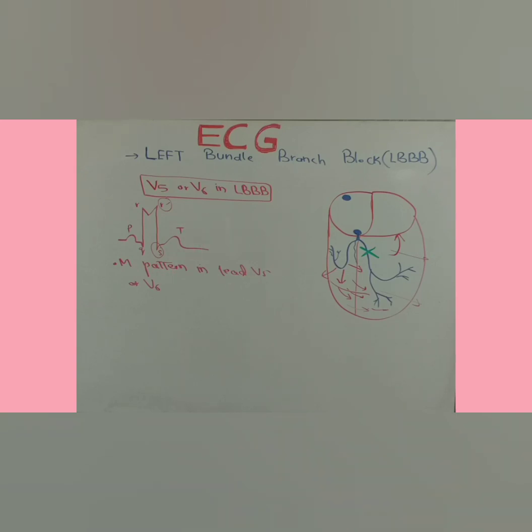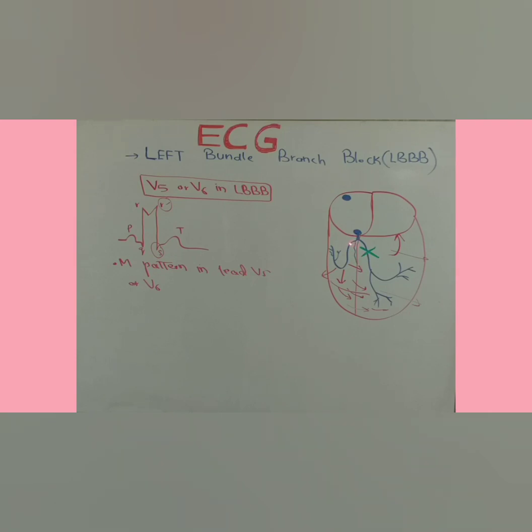So let me explain once more. The wave of impulse transmits normally through both right and left branches, but here there is a block in the left branch, so no wave will go there. It will first enter into the septal branch and depolarize the septum, and V5 and V6 look at the septal depolarization going away from them. They generate a very small negatively deflected Q wave, which is a physiological Q wave.